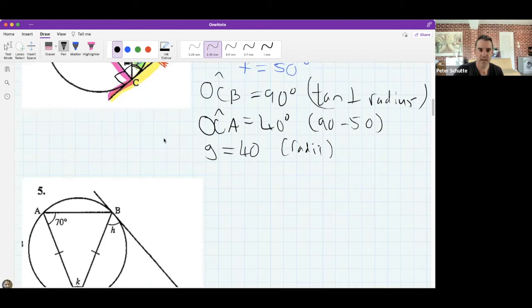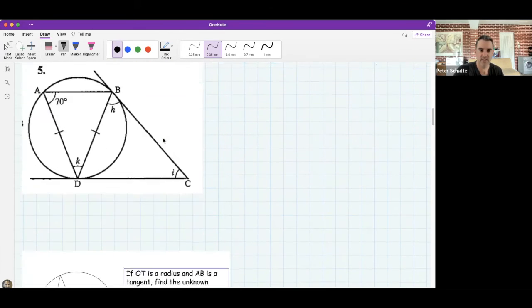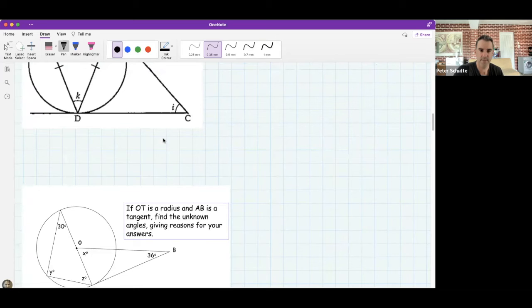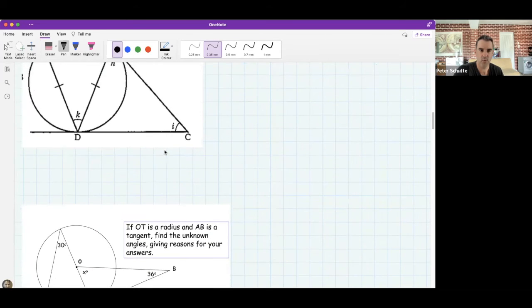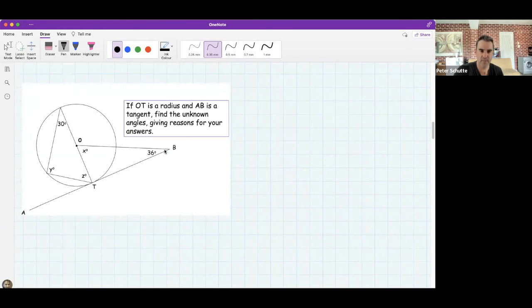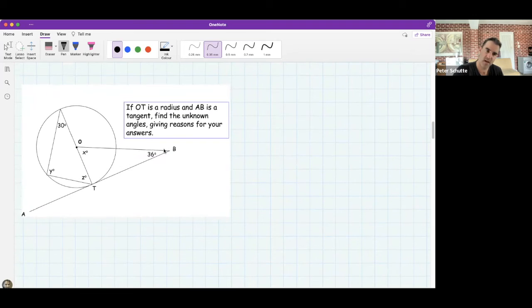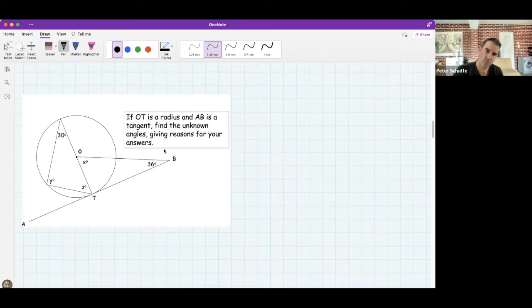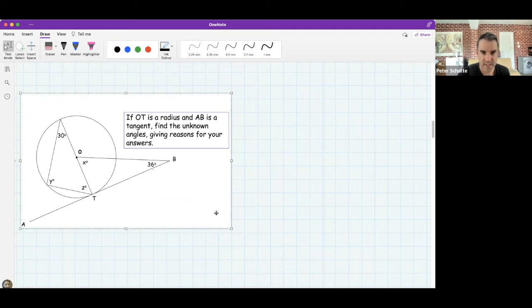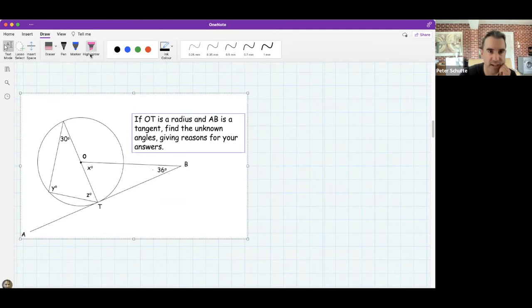Okay. Let us sneak in one more before the break. Okay. Let's do this one before the break. So it says in this question that OT is a radius.